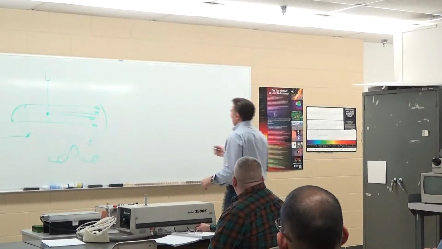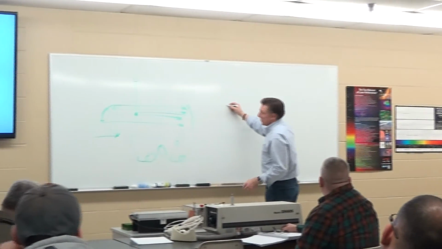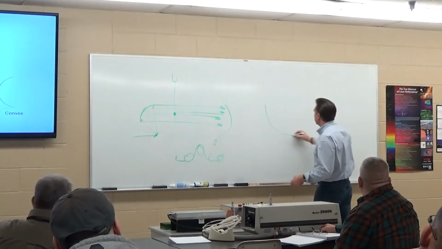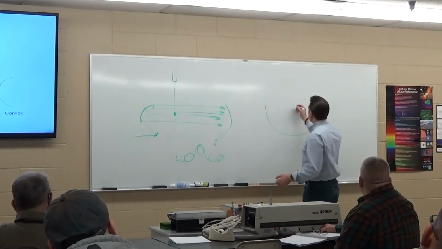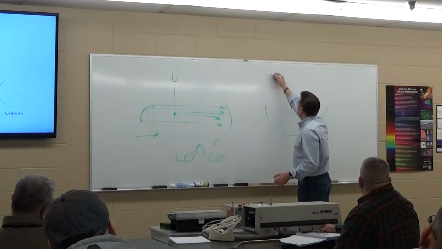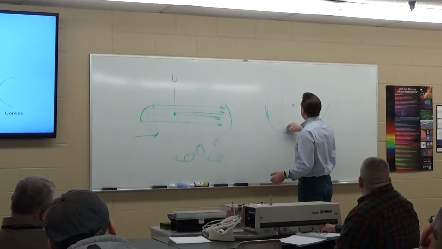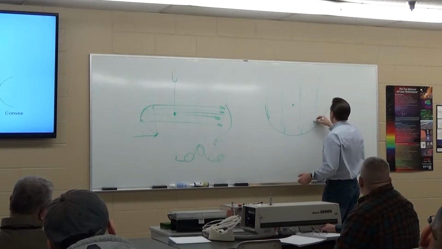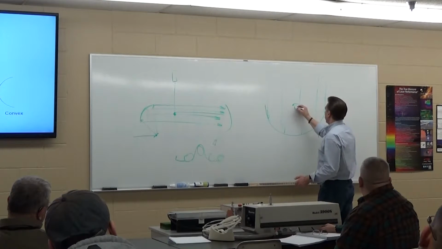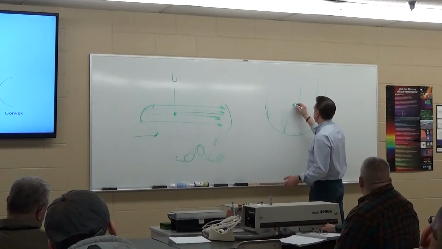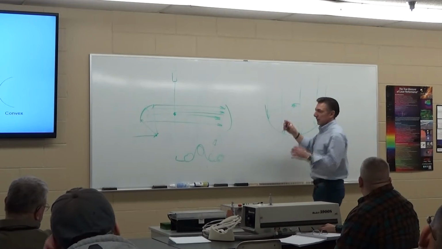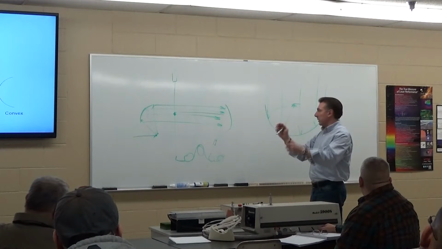But what happens in a parabolic reflector, which is kind of like your satellite dish, is that a parabolic reflector has a focal point, and light coming in from any point all gets focused to that one spot. So that's the function of the shape. It doesn't matter where the light strikes it, it all gets sent to one spot.